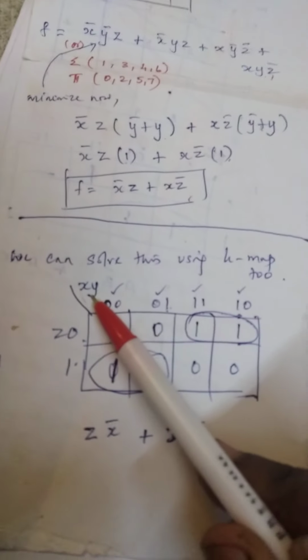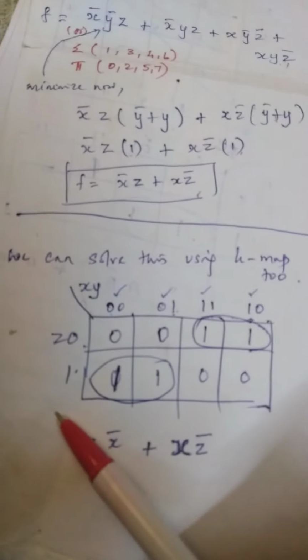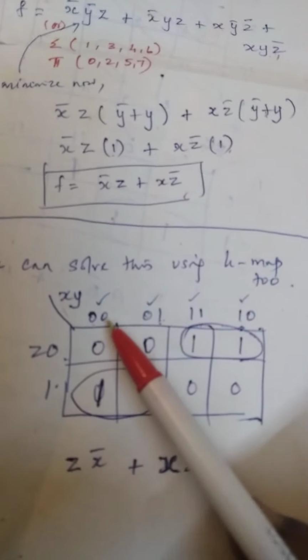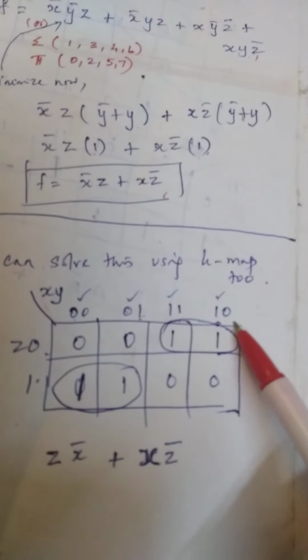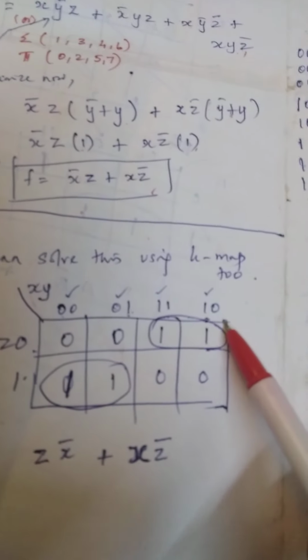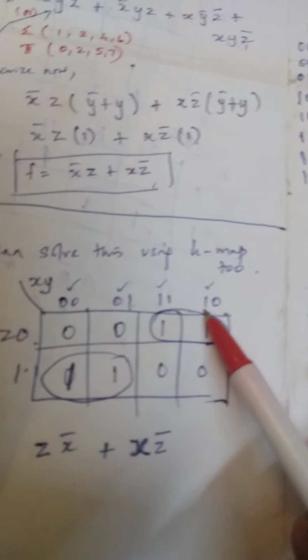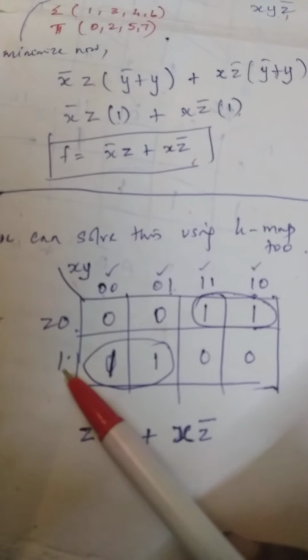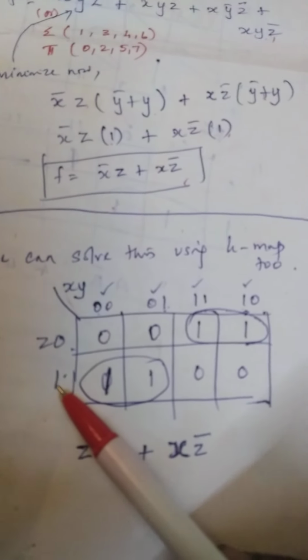So xy will be on one side and z on this side. 0 0, 0 1, 1 1 and 1 0. This will be the format, so 1 1 will be before 1 0. Here the third variable is 0 and 1, nothing more than that. First we need to put all the ones here.